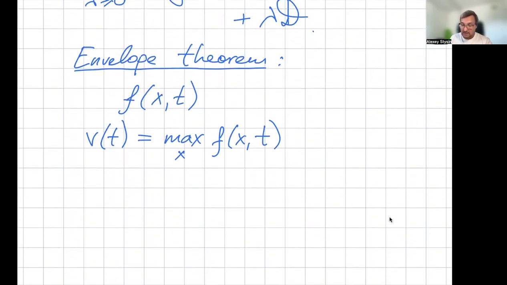Then, for every given t, there's going to be some maximization problem that is going to be solved with respect to x.